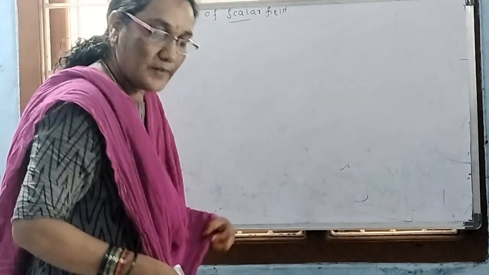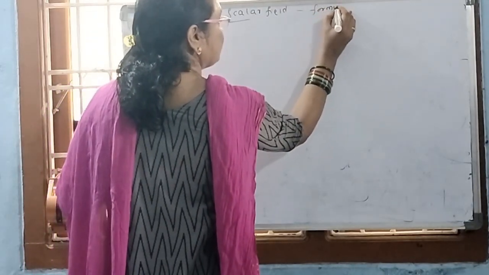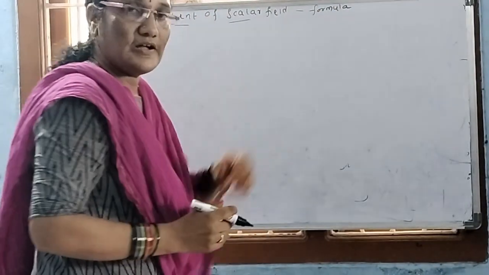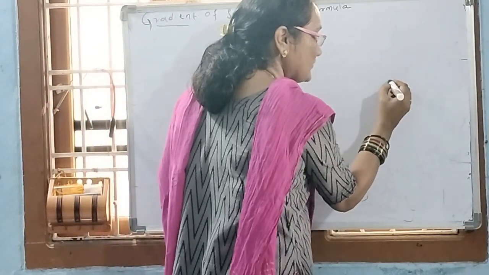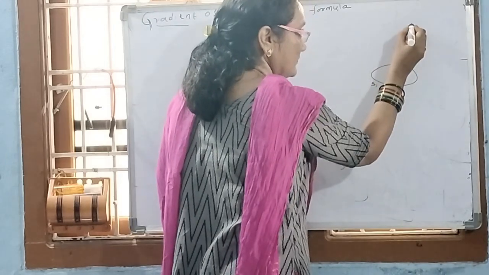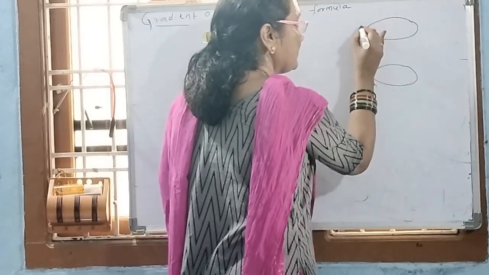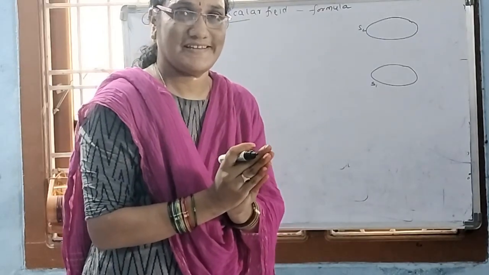Alright? So now, let us go for the formula for the gradient of a scalar field. For finding the formula, here I am considering two surfaces, one S1, other S2, very close to each other.